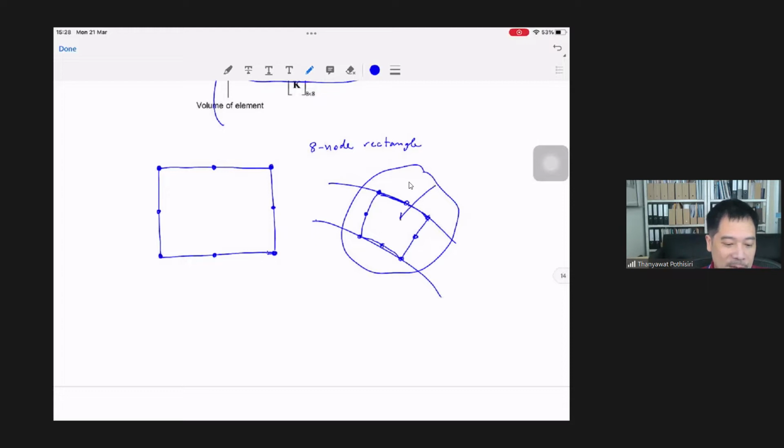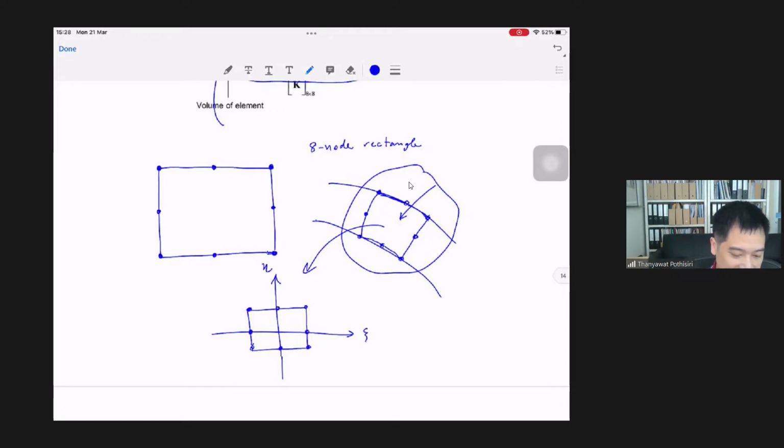So what happens when we want to compute the element stiffness for this particular element? It means that you would also need to modify this into a square as well, right? So you can have a simple square like this.